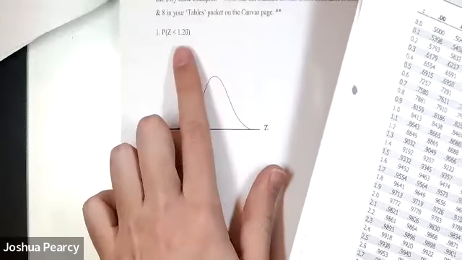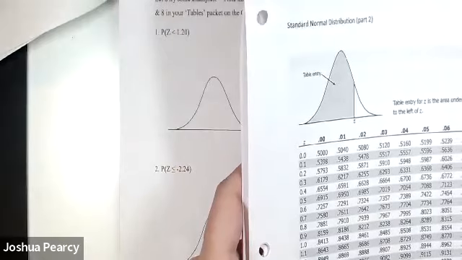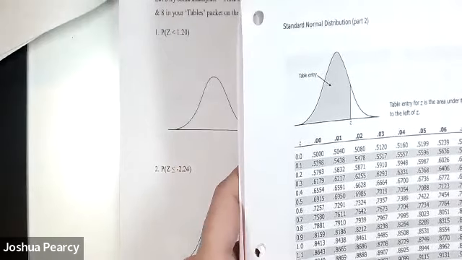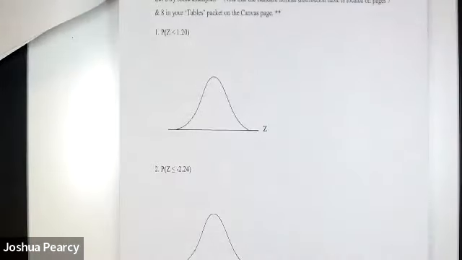Does it matter if I put less than or equal to? For a continuous random variable, it does not. The probability that it can take on any specific value for a continuous random variable is, what do you think? 0. Can anyone tell me why? Probability for this example is measured by what under the curve?